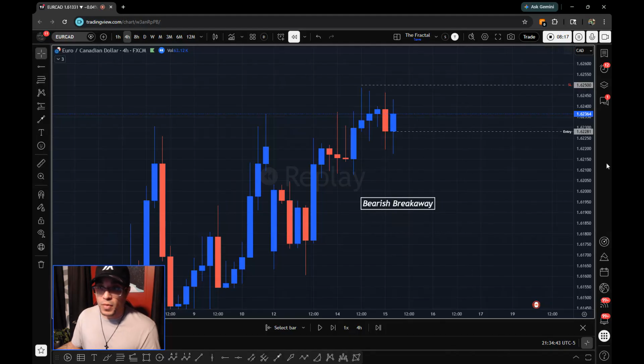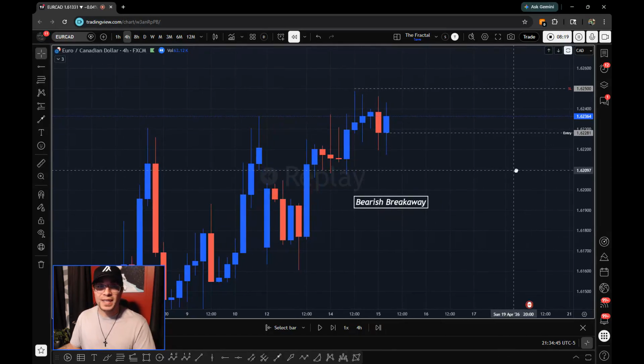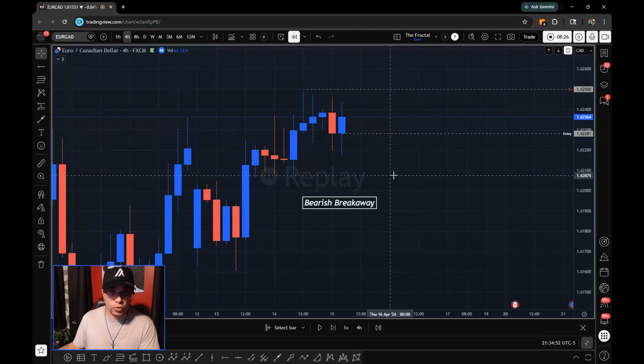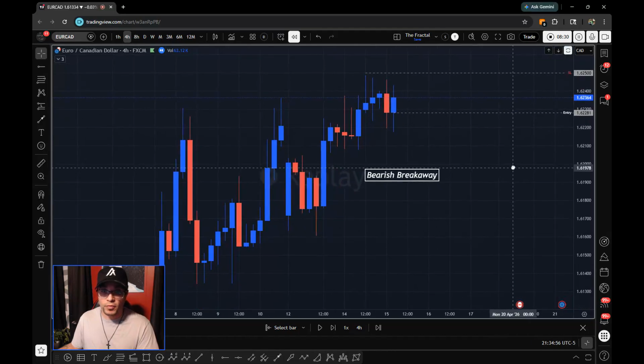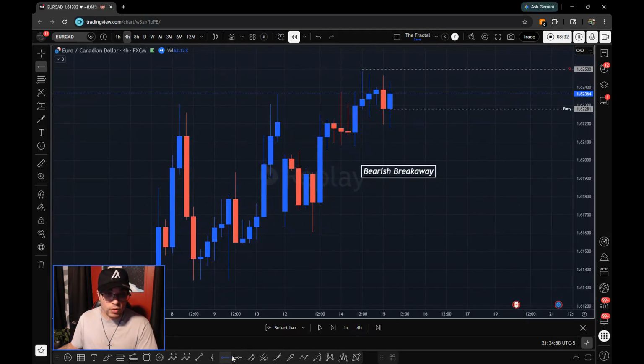And then the take profit would be the very next area of support. Now, if we look, there are a couple areas that we can take. So if you want to go the conservative route, you could aim for this low here.